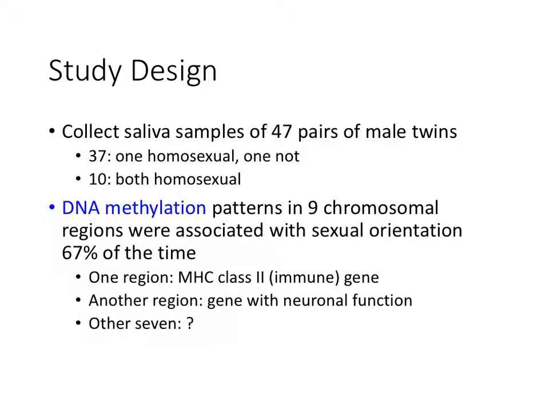They wanted to look at epigenetic differences between the twins. So you extract DNA from both twins, and you look at methylation and acetylation and all these other chemical changes to histones and the DNA, and you just look for a correlation. Does the homosexual twin have a certain pattern of changes to their DNA, methylation marks, acetylation marks, compared to the heterosexual brother?